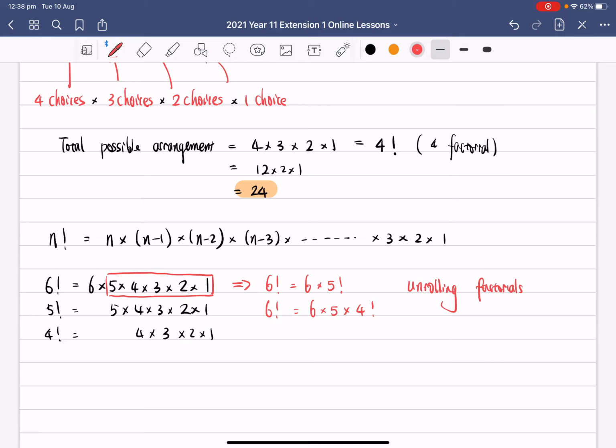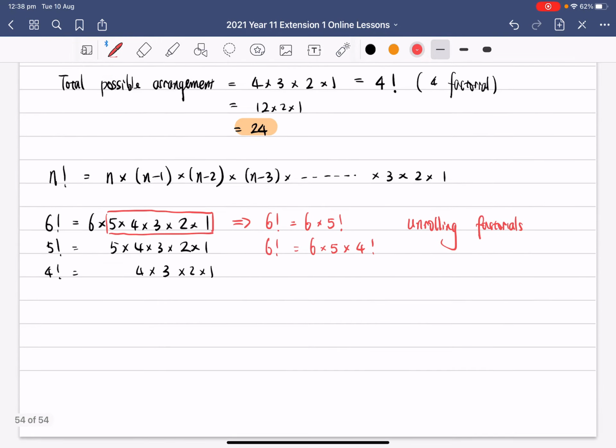The reason why we need these unrolling factorial techniques is because eventually you're going to see questions where you're not allowed to use a calculator, well, you can use a calculator to find out the factorial. For most calculators, the factorial notation is above the one I have here.